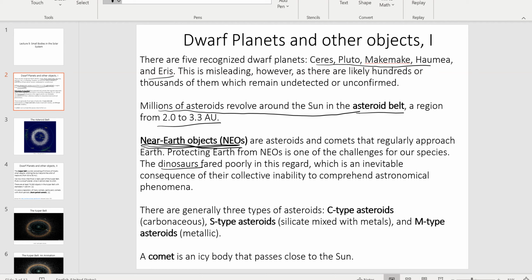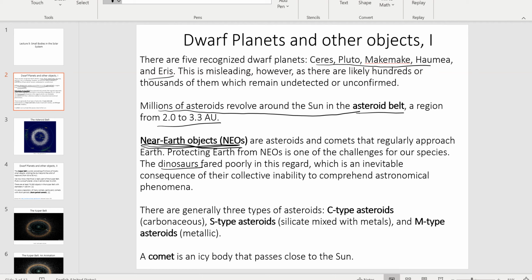Let's talk about what asteroids and comets are. An asteroid is a hunk of rock, basically, that orbits the Sun. It's not large enough to be a planet, and therefore we call it an asteroid. I mentioned before that dwarf planets are basically large asteroids.